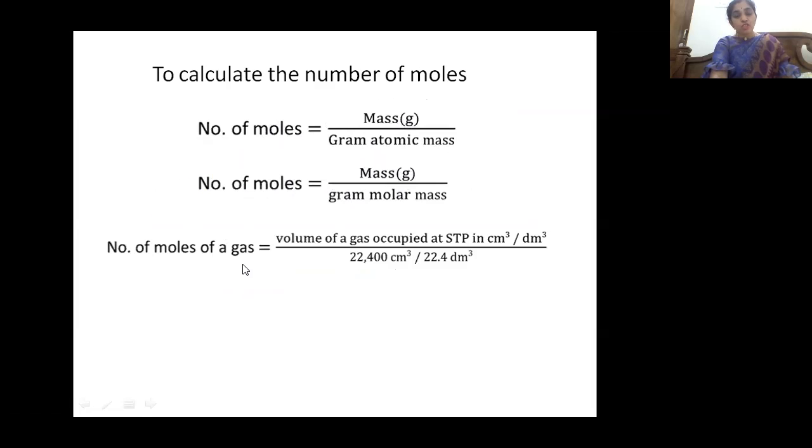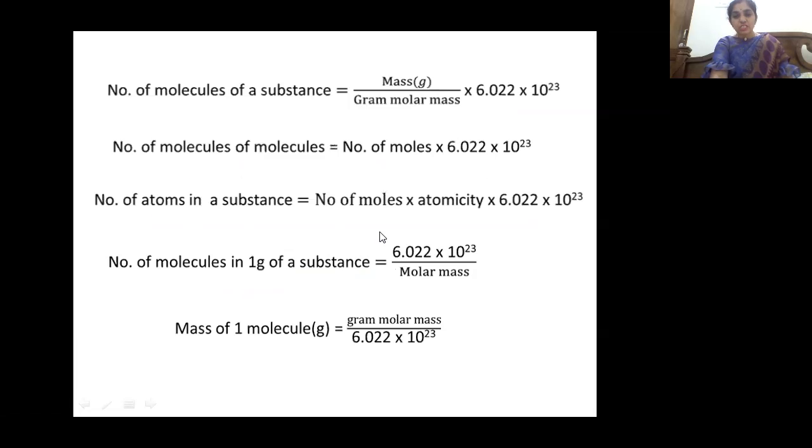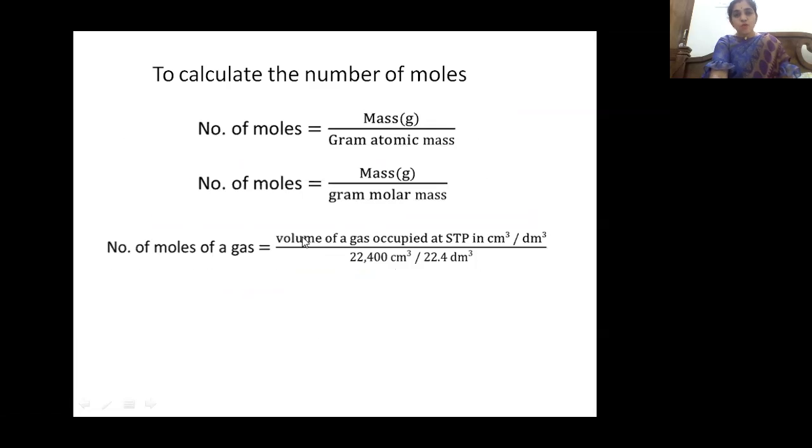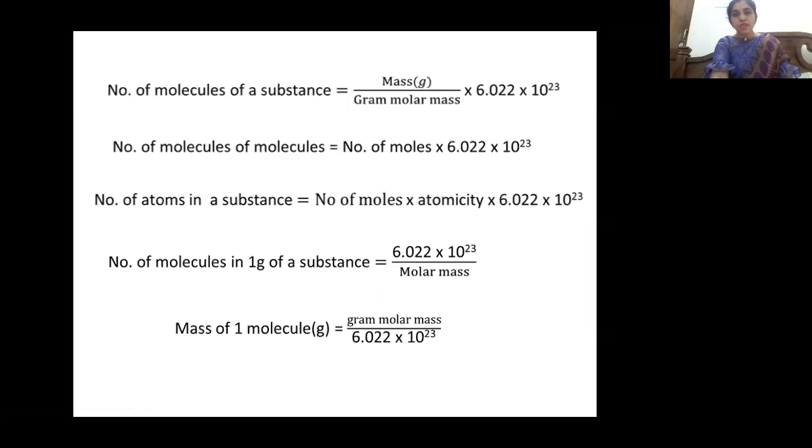Similarly, number of moles of a gas is the volume of the gas occupied at STP in cm cube or dm cube divided by 22,400 cm cube or 22.4 dm cube. Number of molecules of a substance can be written as mass in gram by gram molar mass into 6.022 into 10 to the power 23.